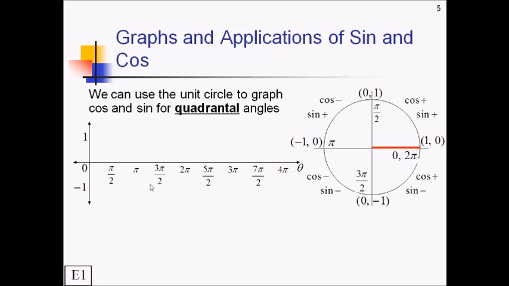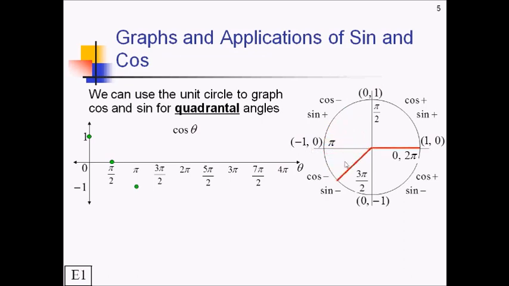All right, let's see what we came up with here. So starting at 0, and we're going to do cosine first. The cosine, the x value on the unit circle at 0 radians, that's going to be this 1 right here. And then at pi over 2, well, now our x value is 0. If we go over to pi, 180, now it's negative 1 for the x value.